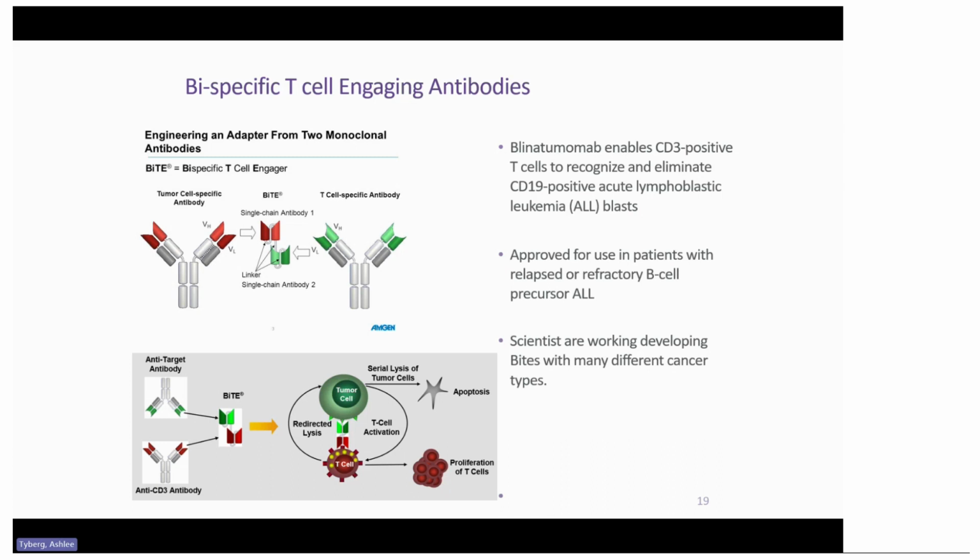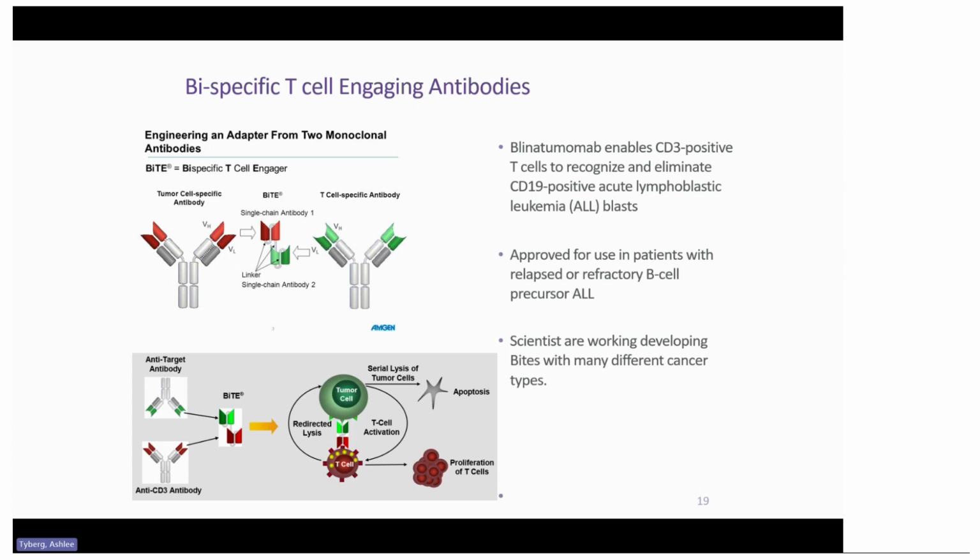And then they're actually trying to make these called BiTEs, bispecific T-cell engaging antibodies, BiTEs for other kinds of diseases. So now we have BiTEs for lymphoma, we have BiTEs for myeloma, and this is a super exciting class of drugs. What it does, on one end of the antibody here, it has specificity for an antigen on a tumor.